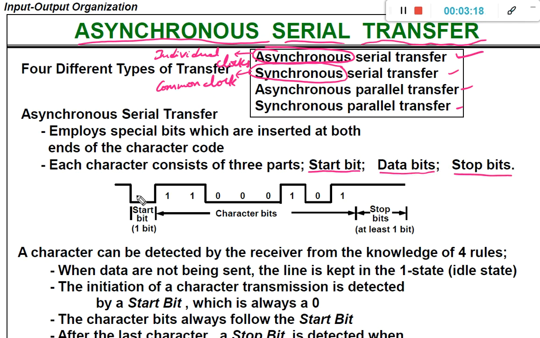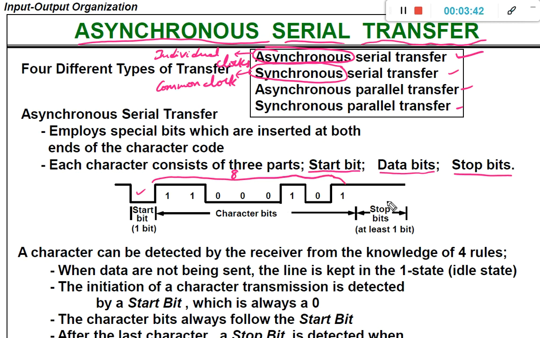The start bit recognizes that the character being transmitted starts from here. After that, there will be data bits, 1, 2, 3, 4, 5, 6, 7, 8. Eight data bits are there, and these eight data bits make up the character.